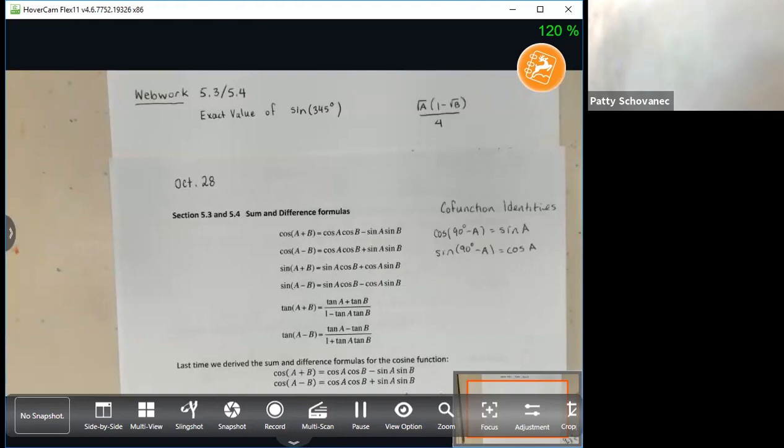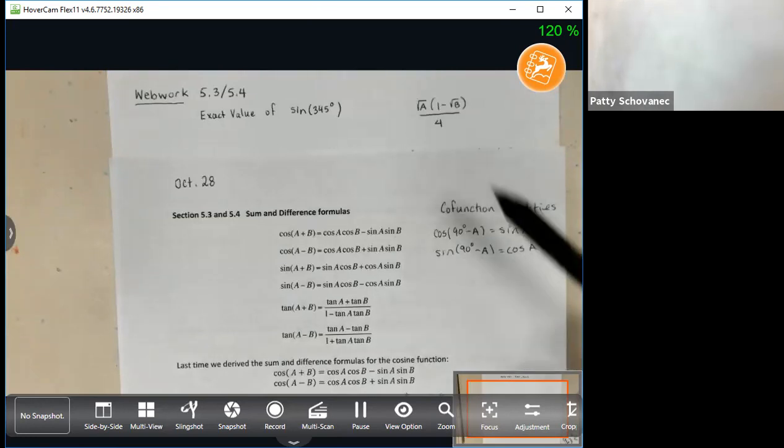So I'm looking in that list of numbers to see if I can find any that will add to 345 or subtract to 345. My first attempt is going to be these two. I'm going to get 345 degrees by adding a 300-degree angle with a 45-degree angle.